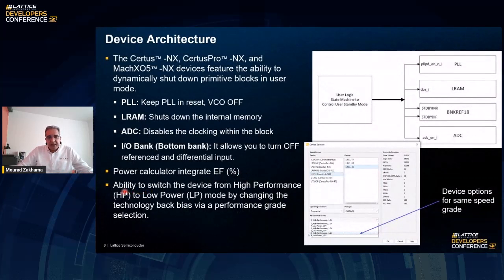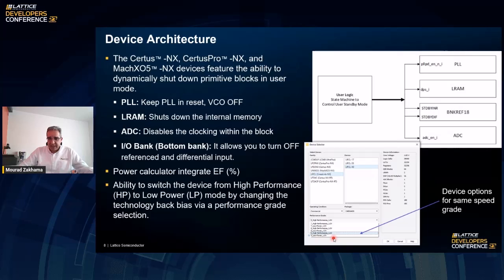Plus, as I mentioned before, there is the ability to switch from high performance to low power mode. If you open the Radiant software and go through the selection of the device, when you select the different speed grades, you're going to notice that for the same speed grade, there's a low power version and a high performance version, which allows you to switch between these two modes by selecting one of these devices.